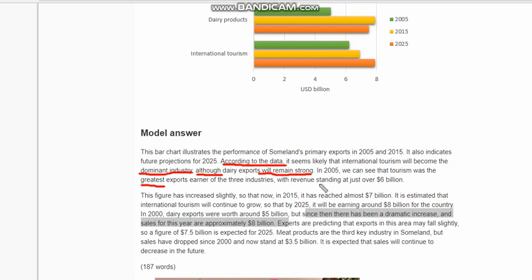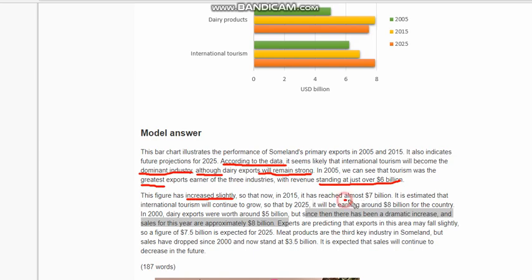Standing at just over, okay. It is also writing task related. This figure has increased slightly, so you also have to be careful about your grammar, so that now in 2015 it has reached almost 7 billion.